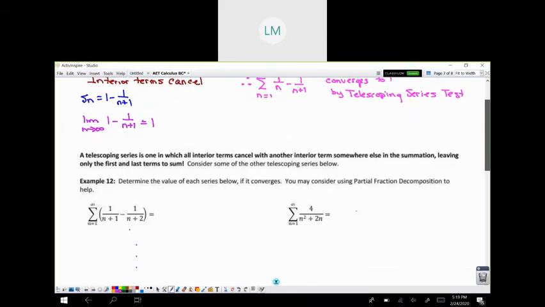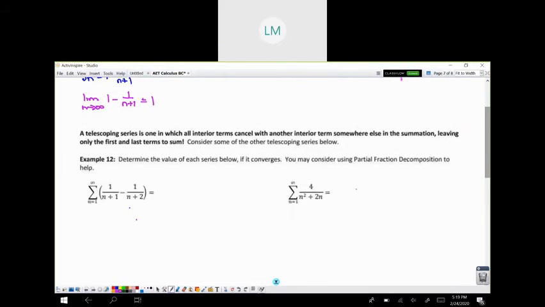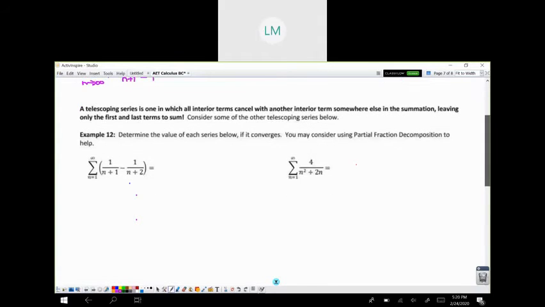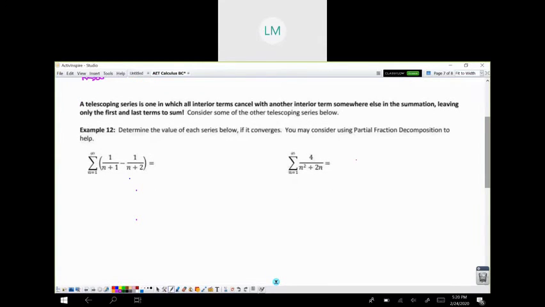Okay, so a telescoping series is one in which all interior terms cancel with another interior term somewhere else, leaving only the first and last terms. So we're going to write out the first few terms, and then I want you to figure out whether it converges or diverges. S1 will give us 1/2 minus 1/3.